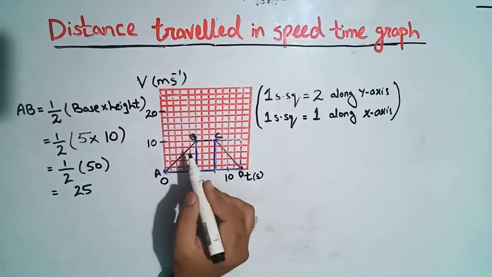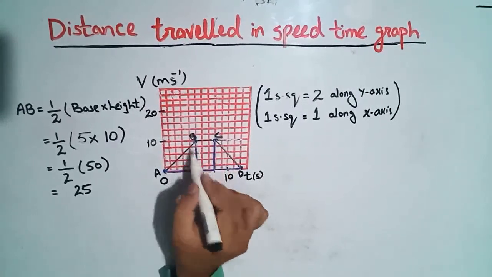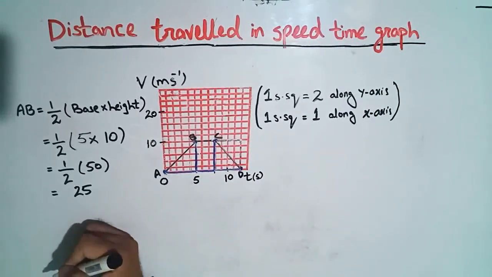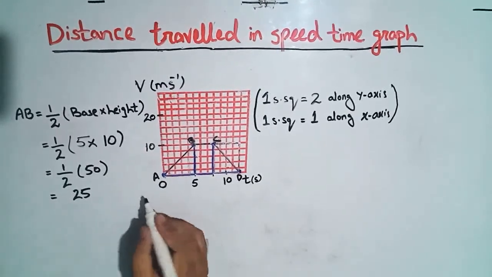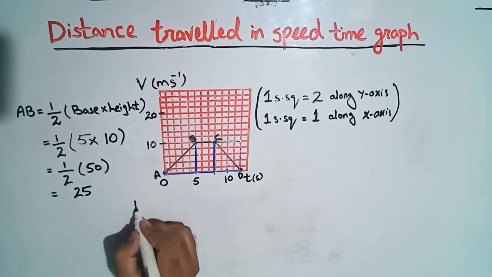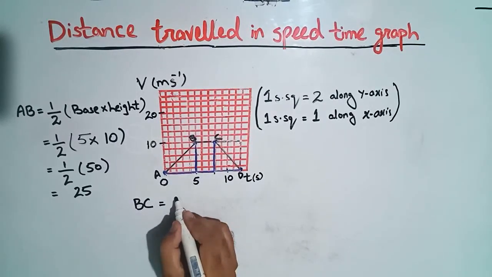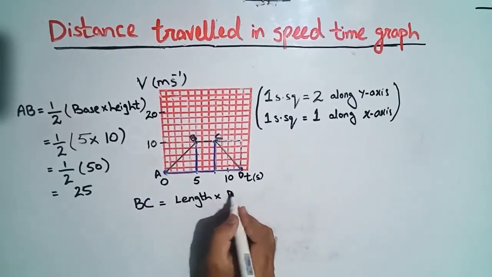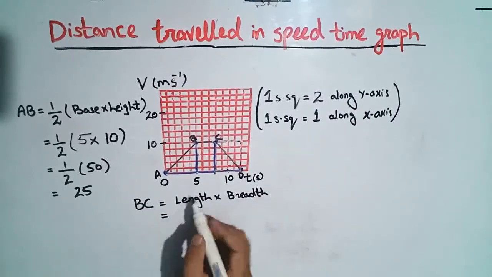Now we are going to find the area under the curve BC, which is a rectangle. You know the formula for the rectangle, that is length multiplied by breadth, or you can say width.